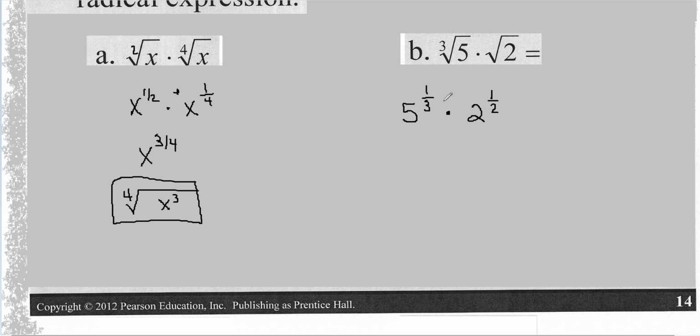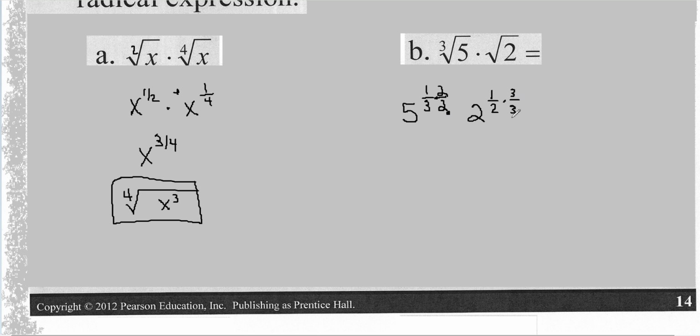We can make these denominators the same by multiplying this fraction by 2 in the bottom and 2 on top. Remember, it's like multiplying by 1, so you're not changing it. And then this fraction will multiply by 3 over 3.